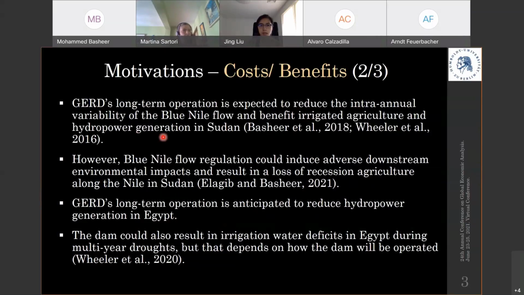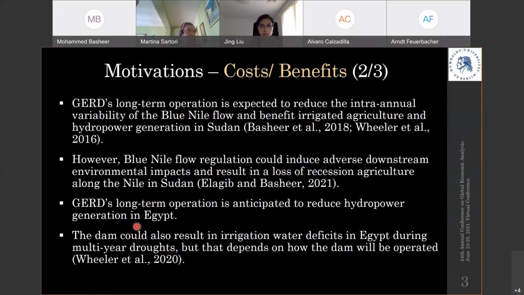But this flow regulation effect will also have negative impacts on Sudan in terms of the environment. Intervention in natural systems by building dams will have impacts on fish and ecosystems, and will also result in a loss of recession agriculture, because when you regulate the river flow, you lose the natural floodplains.